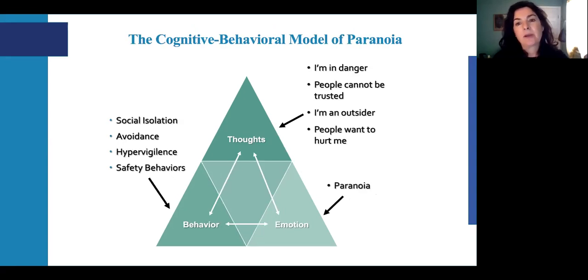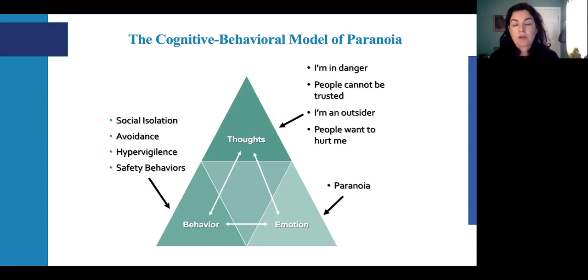If we're thinking about how to apply that to some different kinds of symptoms of psychosis, let's take paranoid ideation, for example. In this situation, you've got at the top right some really common thoughts or beliefs that people who have paranoia might have, right? And of course, if they are having these kinds of thoughts, they're going to feel worried, anxious, suspicious, and paranoid.